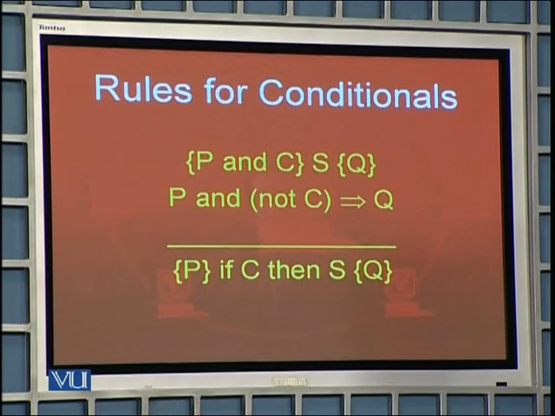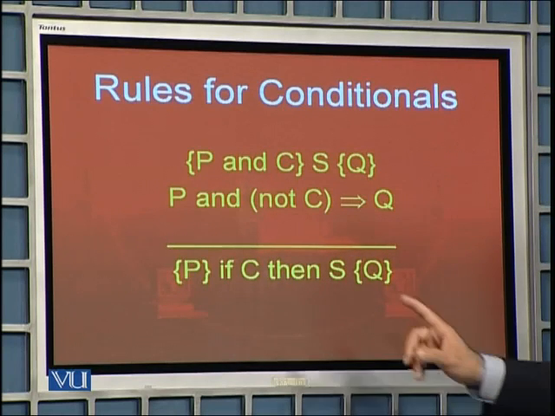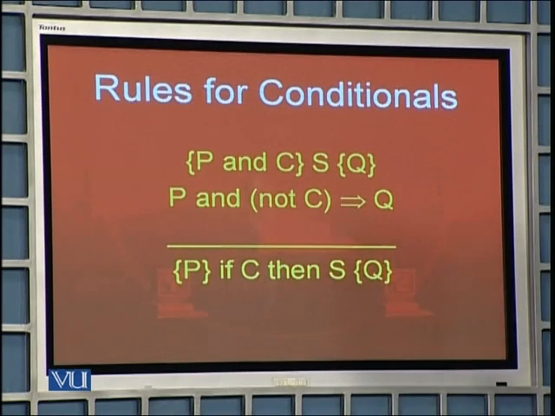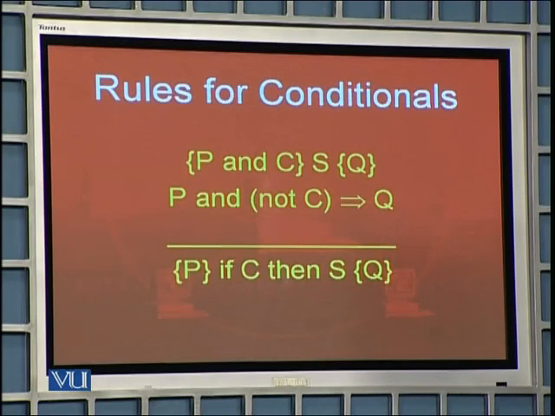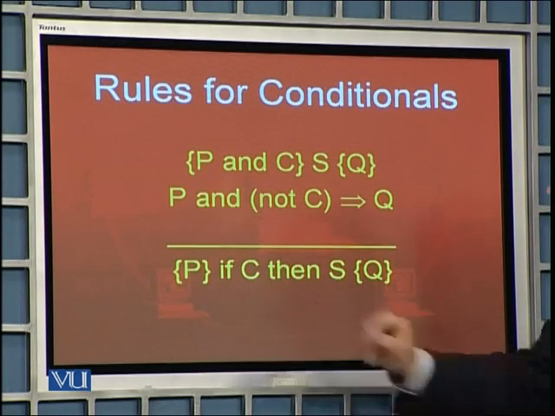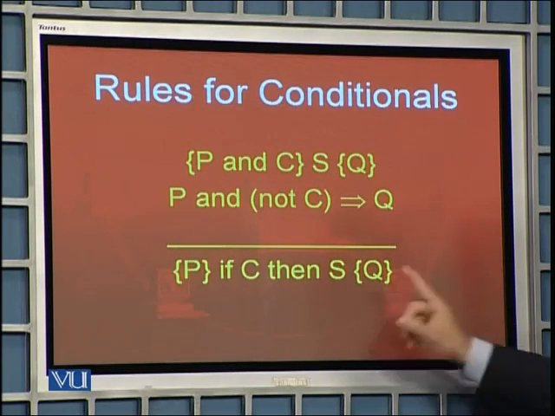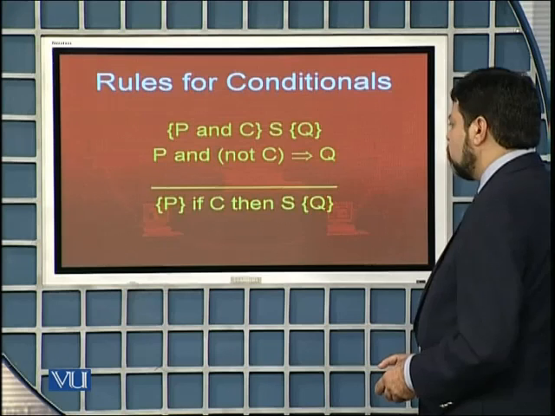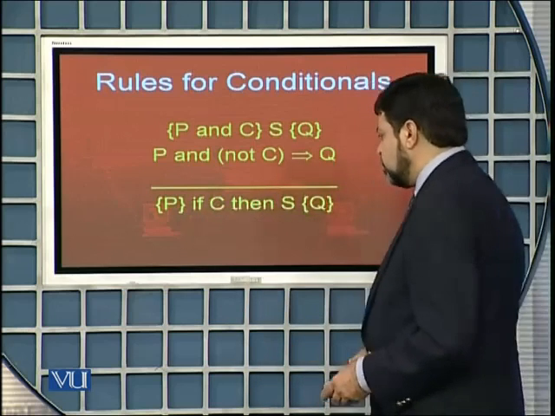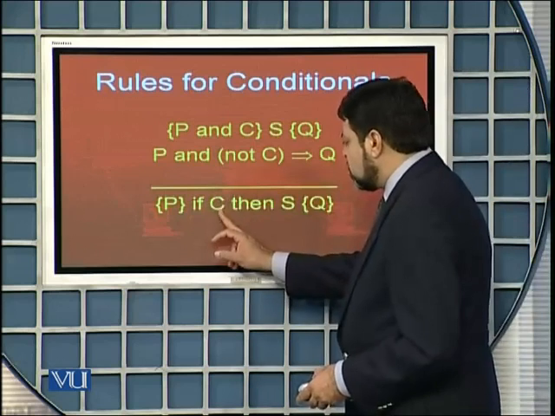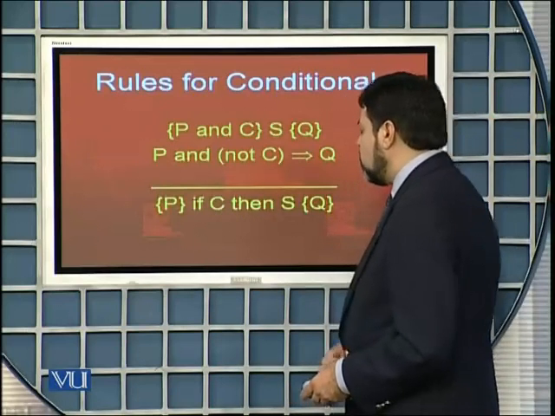Now, if we look at this carefully, let's say that we started with this condition P. Now, if C was true, we executed S and we ended up in Q. If C was false, we did not execute S and we still end up with Q. Once again, I repeat, there are two conditions, two parts. One part is when this condition C is true, and the second part is when this condition C is false.